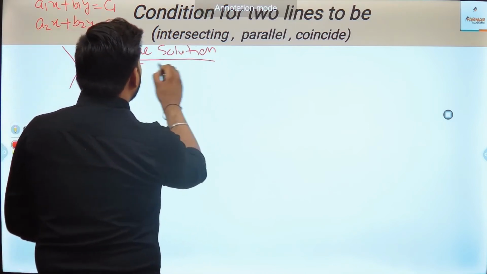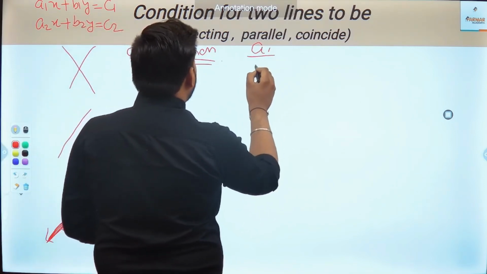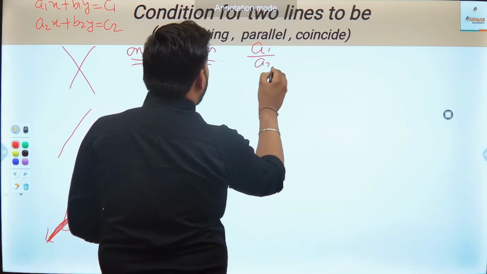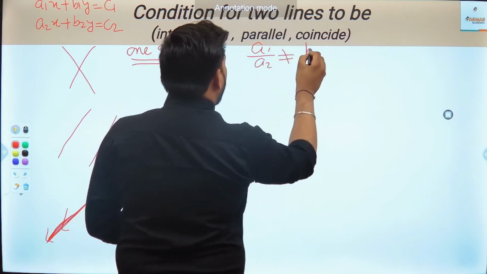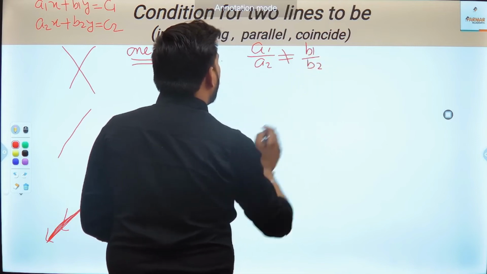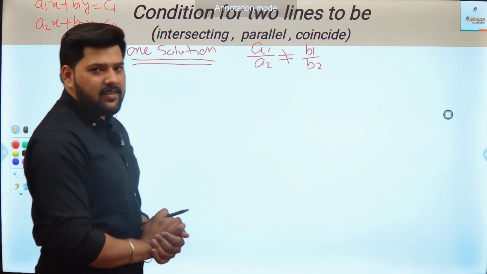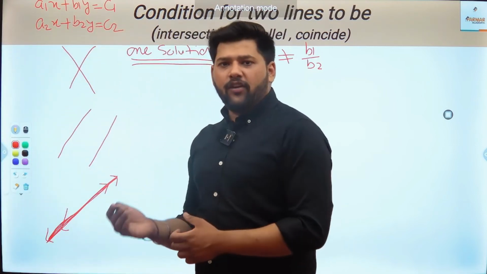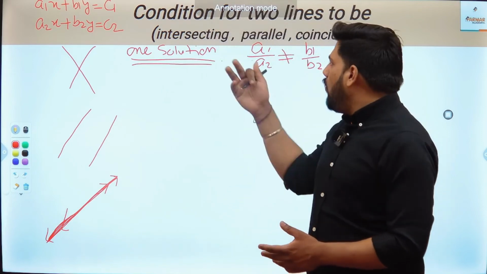The condition is that the ratio of the coefficients of x, that is a1 by a2, is not equal to the ratio of the coefficients of y, that is b1 upon b2. The first condition for intersecting lines is that the ratio of coefficients of x is not equal to the ratio of coefficients of y.